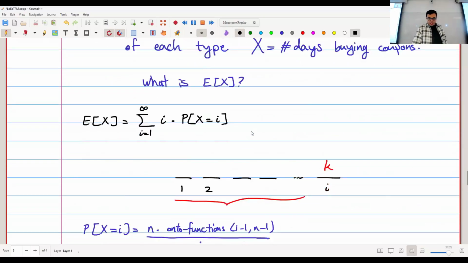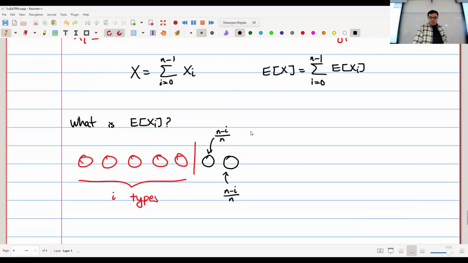Here the difference is that instead of just having one parameter p, my probability of success is n minus i over n. So the expected number of times that I should do this until I get a new type is just n over n minus i. So what I just proved here is that the expected value of xi is n over n minus i.